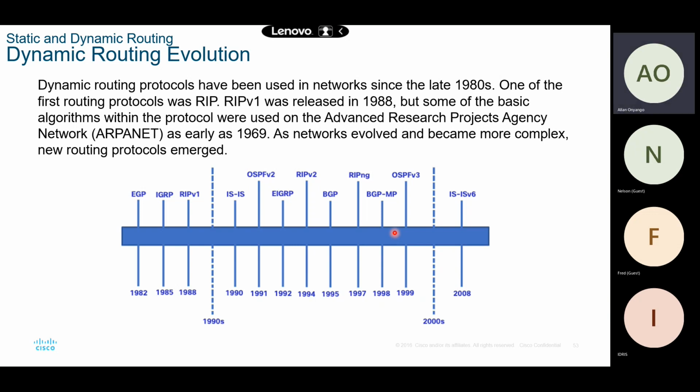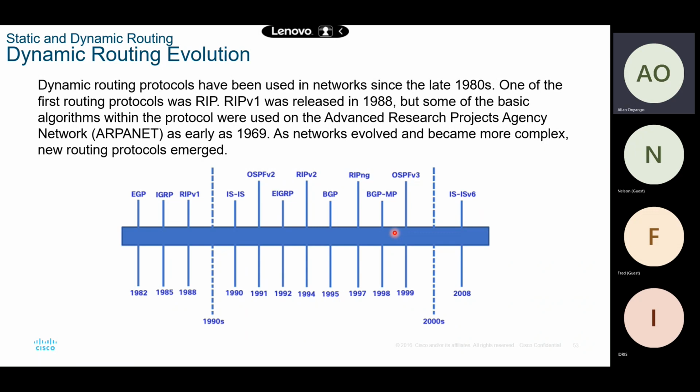So when you came to the 90s, several of them were actually invented. We can see IS-IS way back in 1990, the Intermediate System to Intermediate System. And when you go to 1991, OSPF version 2, which is for IPv4, was born. And this is the OSPF we will be configuring in the next module.